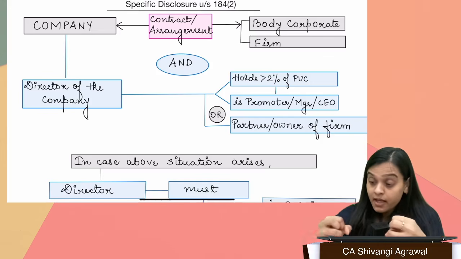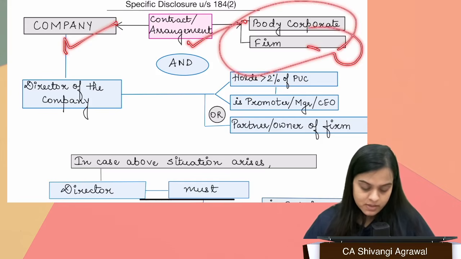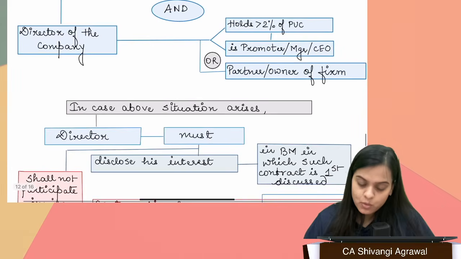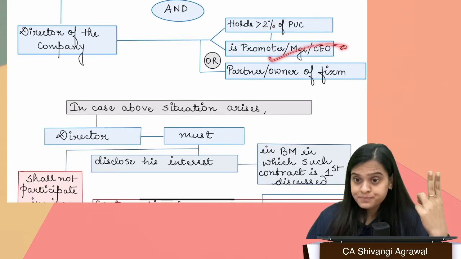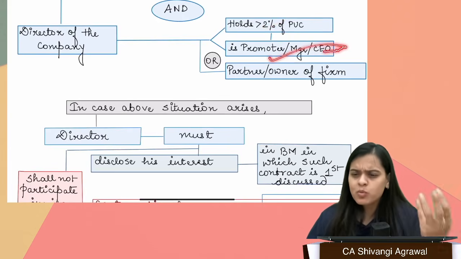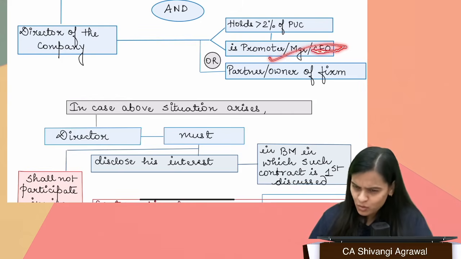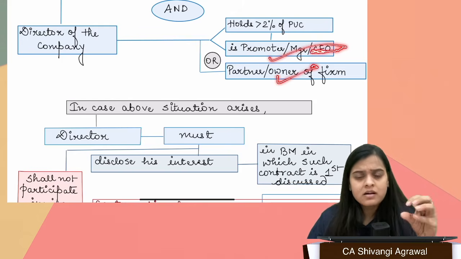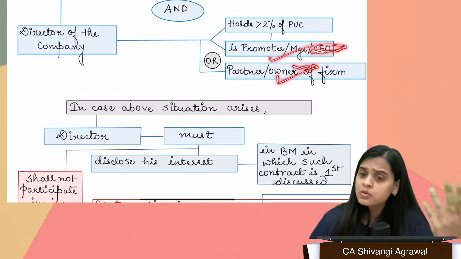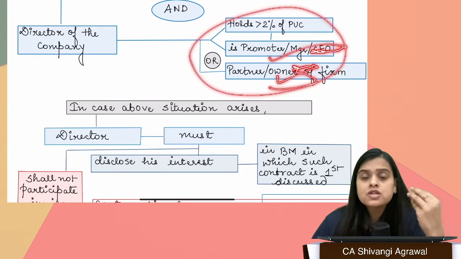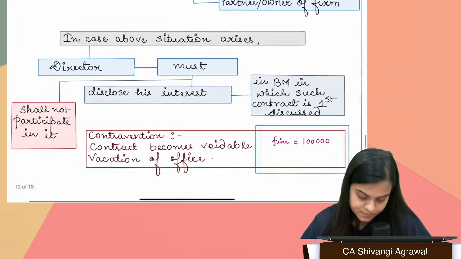Whenever I'm talking about any contract or arrangement, the company enters into a contract or arrangement with a body corporate, and you are the director of the company, and you hold more than 2% of paid up capital, or you are the promoter, manager, or CEO of that body corporate, or maybe the company is entering into a contract with a firm and the director is a partner, owner, or member. So, in this situation, you have to disclose and you will not participate. Clear?